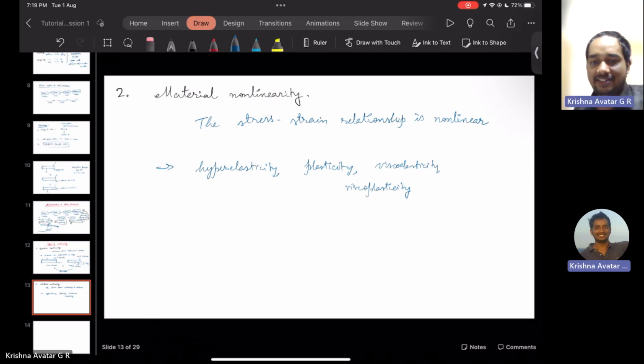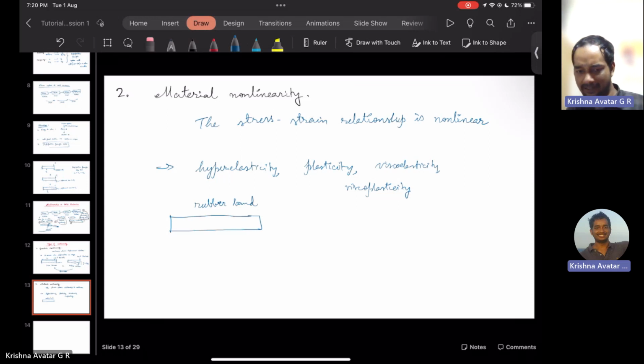Now, how do you explain these different terms? Let's consider you have a rubber band. Say you have a rubber bracelet, right? And you just make a cut and spread it out. It becomes a flat ribbon.